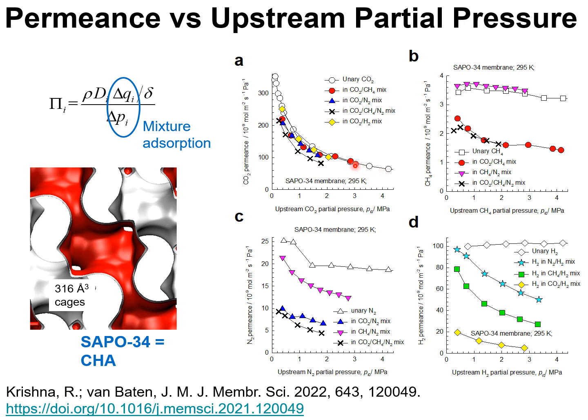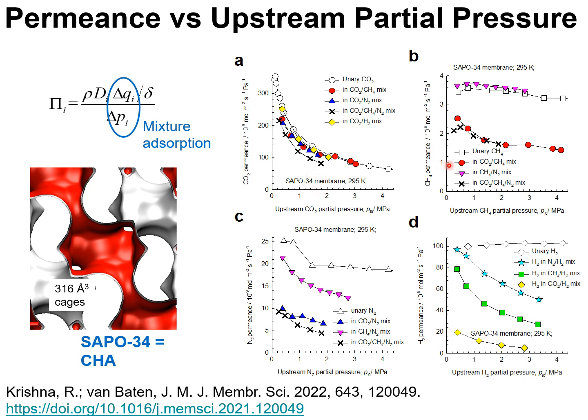This is because CO2 is much more strongly adsorbed than methane, than nitrogen, than hydrogen. And therefore, in all the mixtures, the component permeance of CO2 is practically unaffected by the partner species because CO2 is the dominantly adsorbed component.